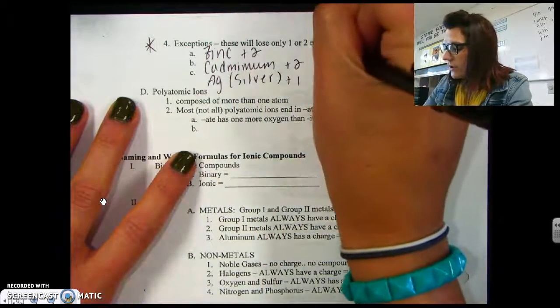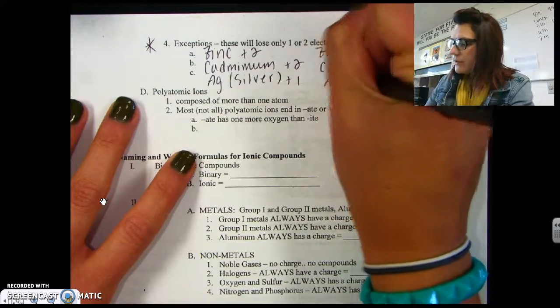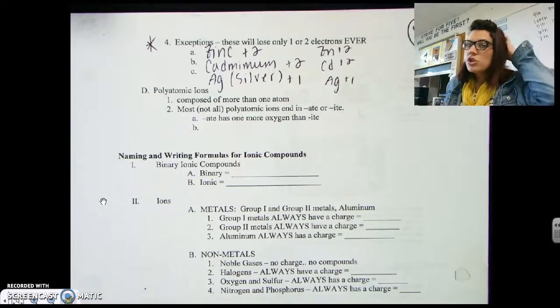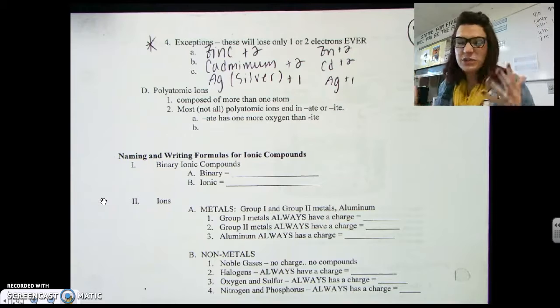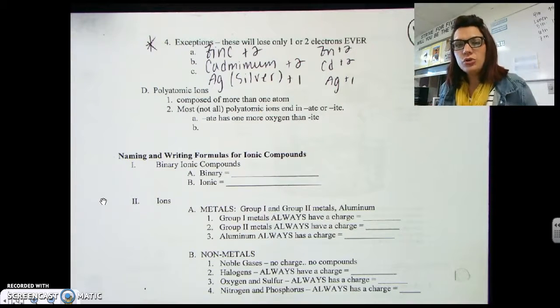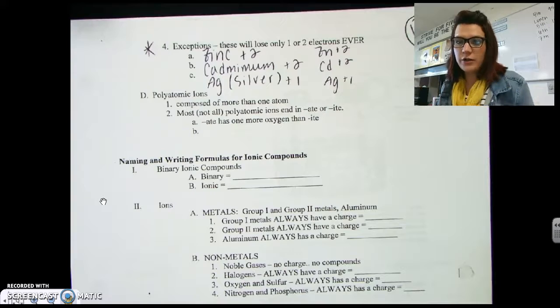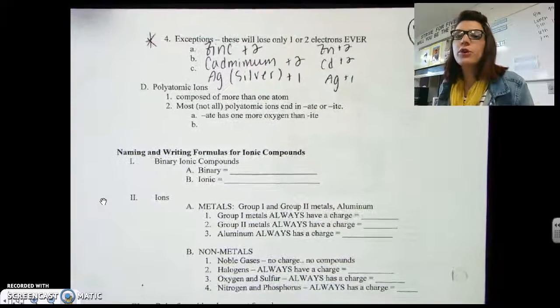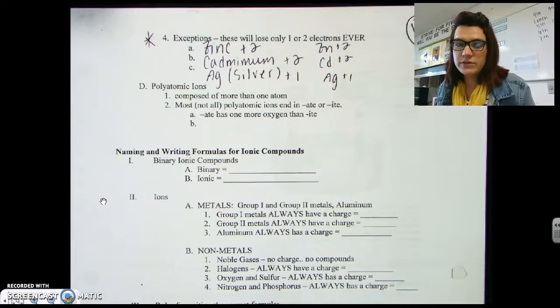So the transition metals, I say their charges are wishy-washy. They don't really know what they want to be. And then group 1, group 2, aluminum, zinc, cadmium, and silver always have the same charge: group 1 is always +1, group 2 is always +2, aluminum is always +3, and zinc, cadmium, and silver are charged as they're shown.